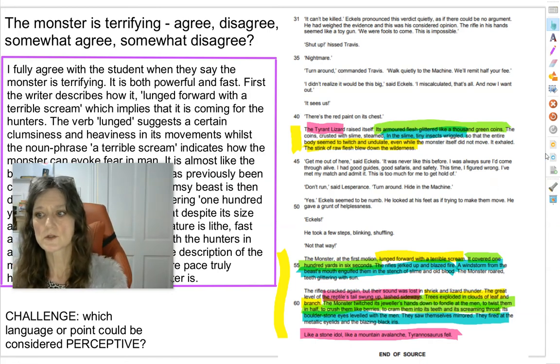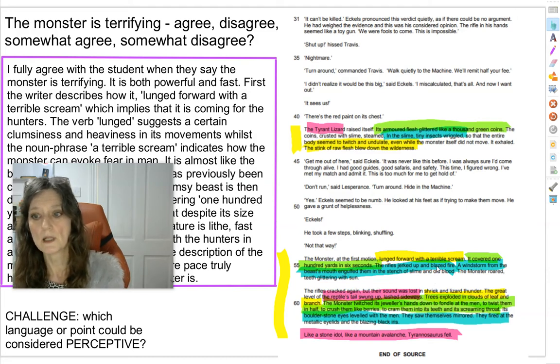And then we've got this bit down here, the stink of raw flesh blew down the wilderness, and that links with another point down here somewhere. The beast's mouth engulfed them in a stench of slime and old blood. So you could possibly link those together. So you've got the raw flesh here and the old blood here.